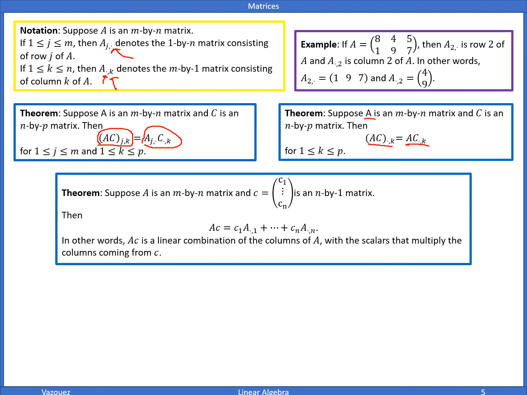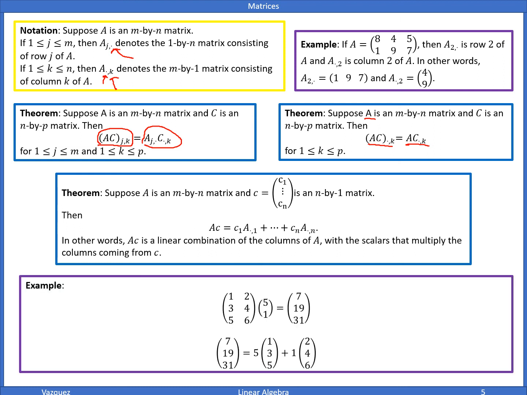AC is a linear combination of the columns of A with the scalars that multiply the columns coming from C. And we're going to show an example, but it's nothing new if you have taken that matrix algebra course. So for example, this example here shows us that this matrix multiplied times this n by 1 matrix gives us exactly this, 7, 9, 19, 31. So more scalar multiplication.